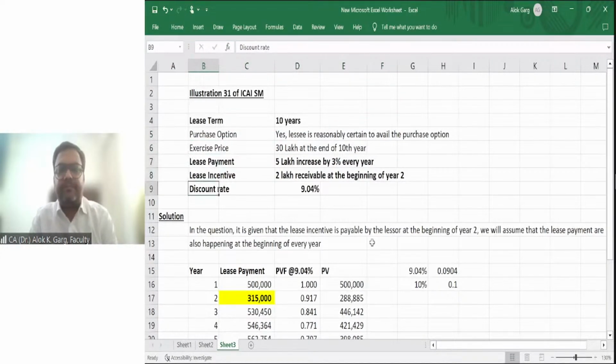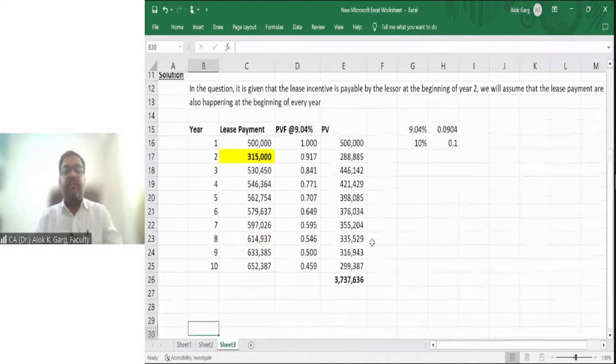Friends, what is the formula for lease payment? Lease payment is equal to fixed payment plus in-substance fixed payment plus variable payment plus the exercise price in case of a purchase option.